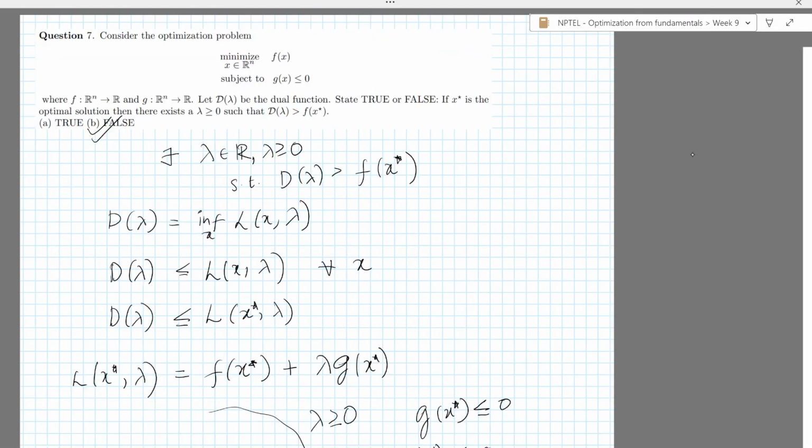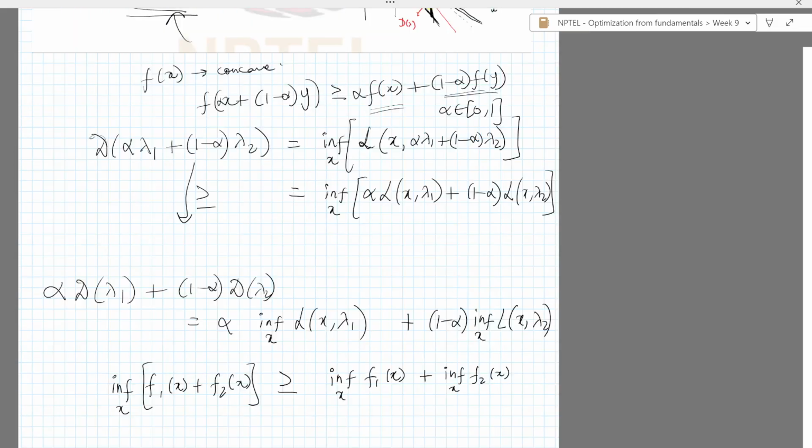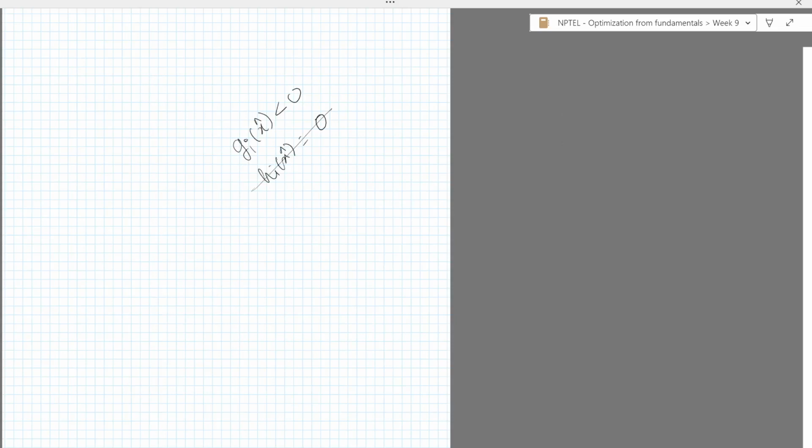Okay, I think that is all the questions. Maybe I can discuss one more question. See, you have e to the power minus x, subject to x squared by y squared less than or equal to 0.